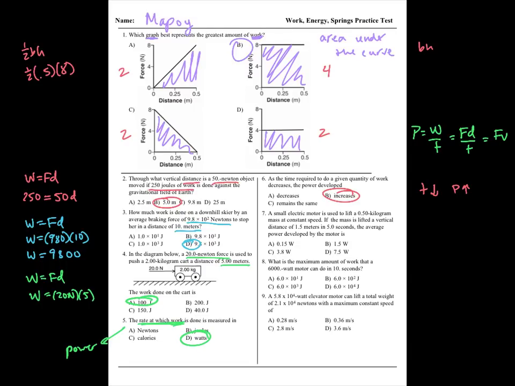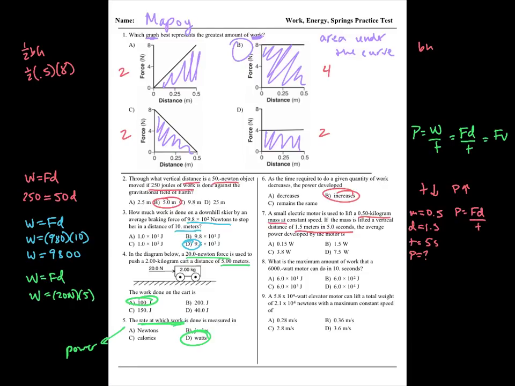Number 7. A small electric motor is used to lift a 0.5 kilogram mass at constant speed. If the mass is lifted a vertical distance of this in 5 seconds. Okay, mass is 0.5, distance is 1.5, time is 5 seconds. We're looking for power, so we're going to use this one.